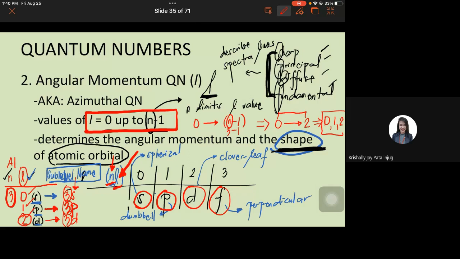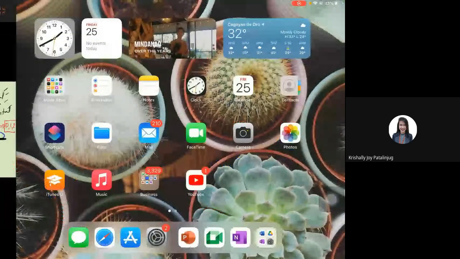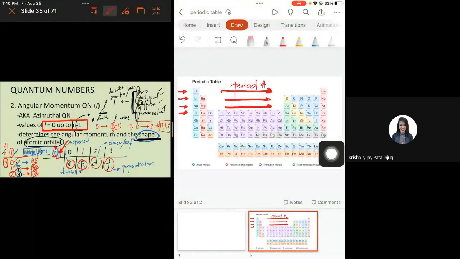What else? In the periodic table, let me show it again. You can also identify, based on the arrangement of the atoms in the periodic table, which atoms end with an S orbital, P orbital, D orbital, or an F orbital. So they actually have a blocking arrangement in the periodic table. Please take note, the first two columns fall under the S block.